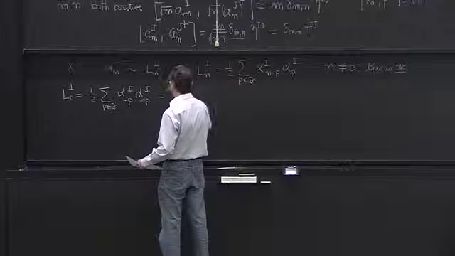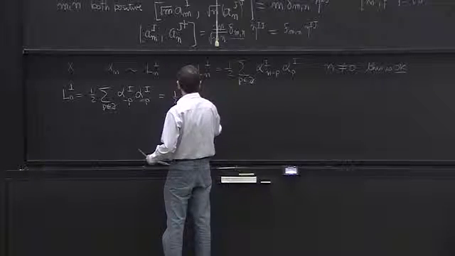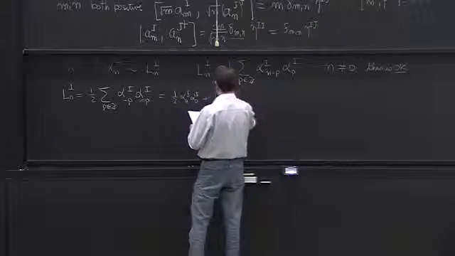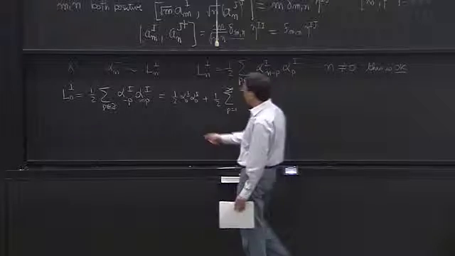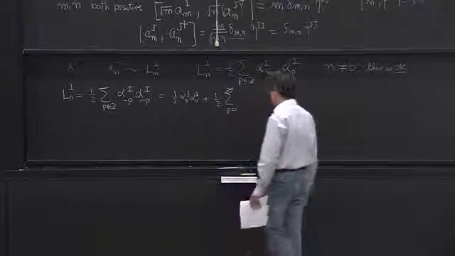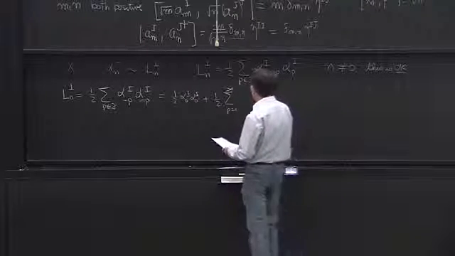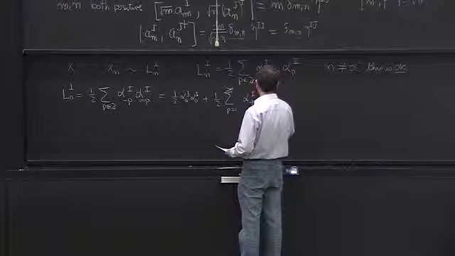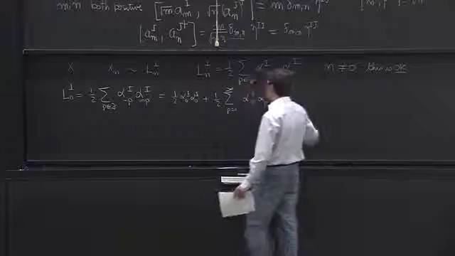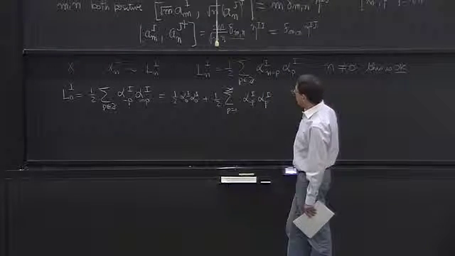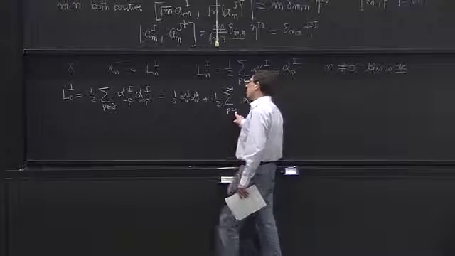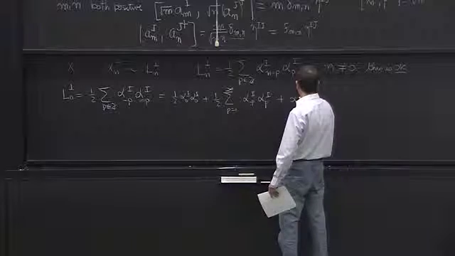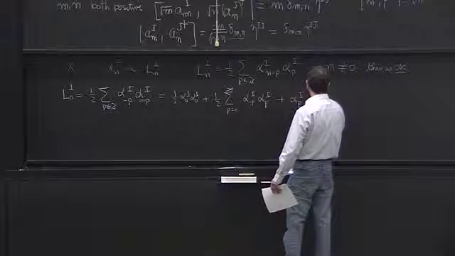This is 1/2 alpha_0^i alpha_0^i, plus 1/2 sum p equals 1 to infinity. And now I'm going to break the sum into all the positives and all the negatives. Let's begin with all the positive ones: alpha_{-p}^i alpha_p^i. Now let's get all the negative ones. Well, I can still sum over p from 1 to infinity, but change p to minus p. So I put it here, alpha_p^i alpha_{-p}^i.